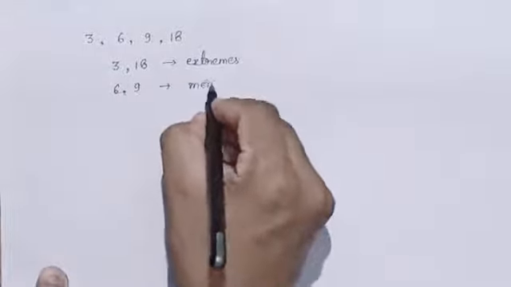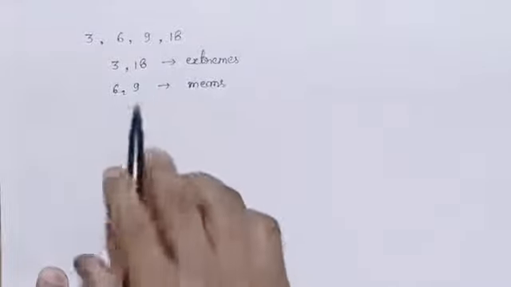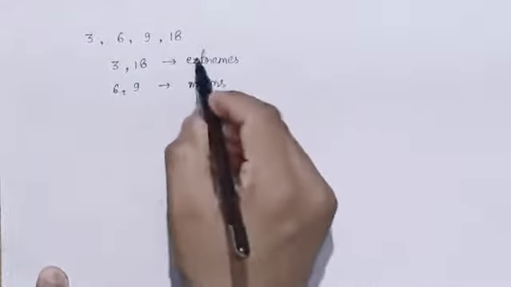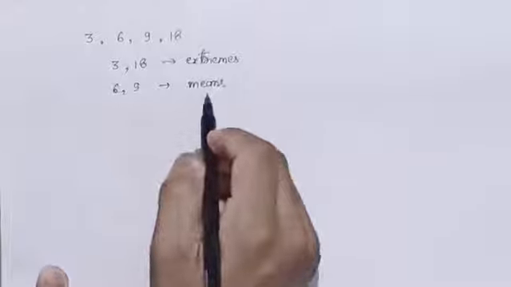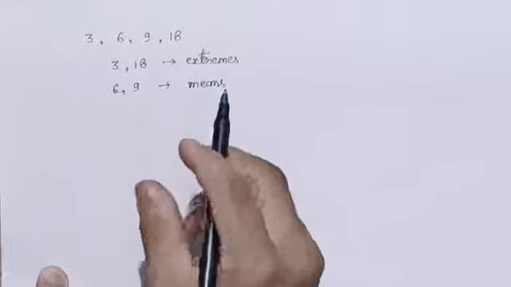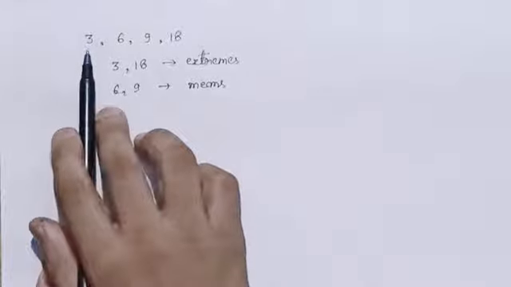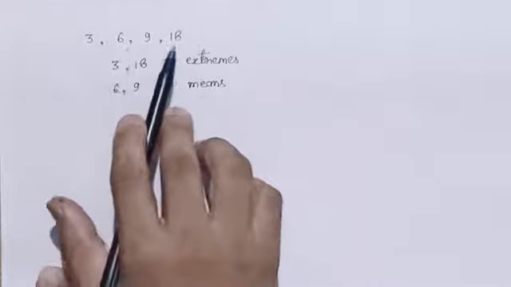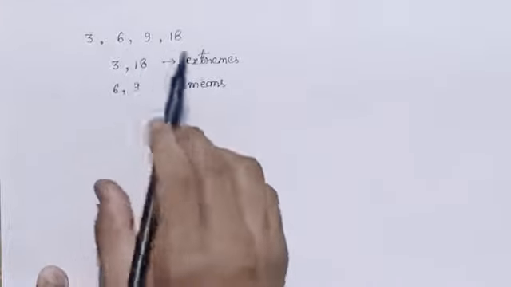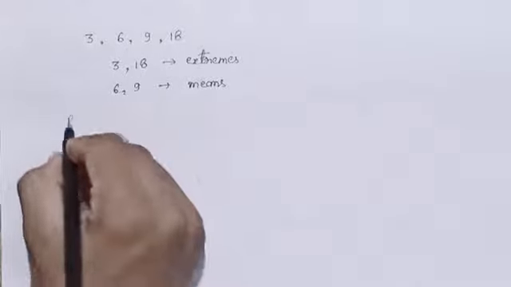Now we just take the product of extremes and product of means. If both these products are equal, then we can say the given numbers 3, 6, 9 and 18 are in proportion.